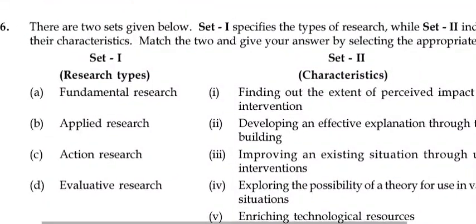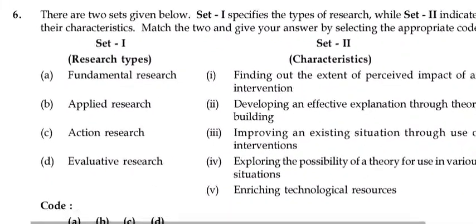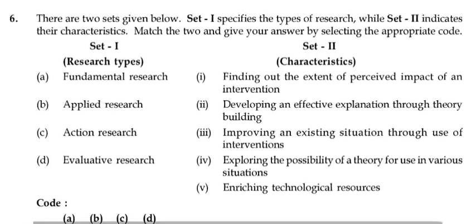Number 6 says, there are 2 sets given below. In set 1, it specifies the types of research, while in set 2, it indicates their characteristics. Now match the 2 and give your answer by selecting the appropriate code. Let me first read set 1, that is research types: fundamental research, applied research, action research, evaluative research.